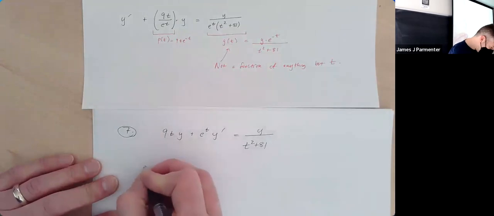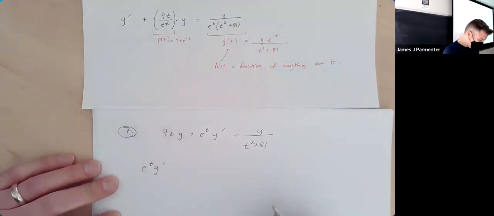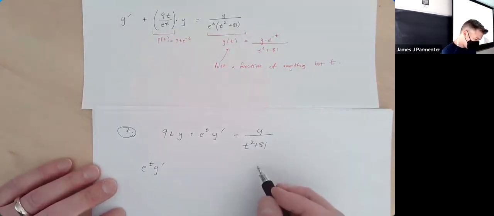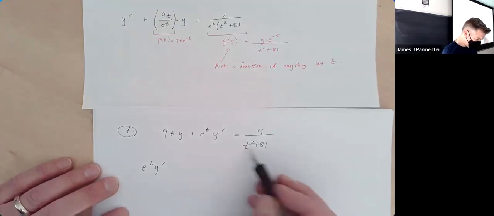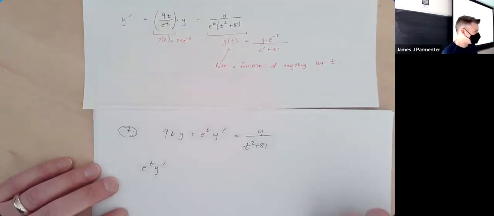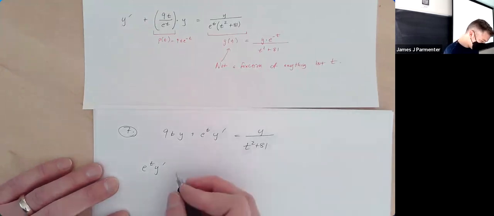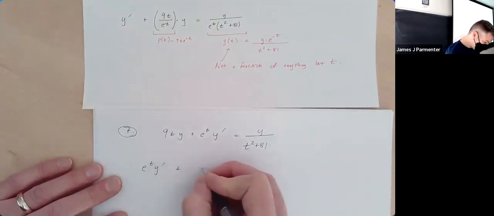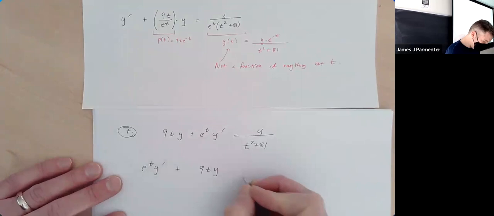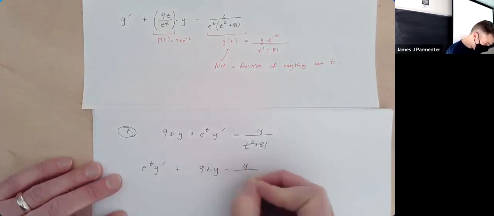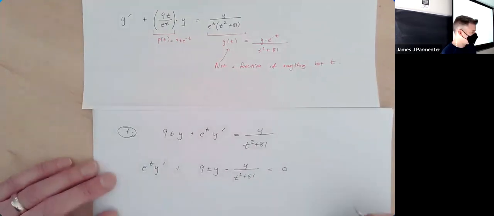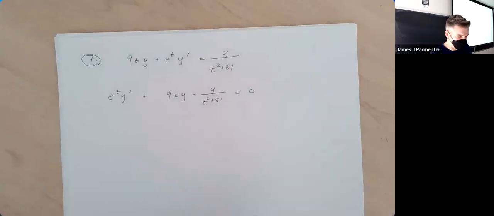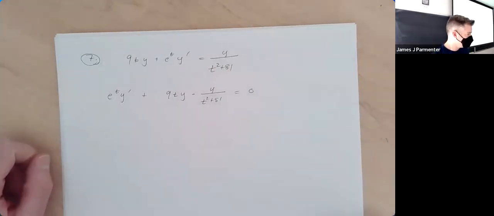So we've got e to the t times y prime, and I don't love this, but I'm bringing everything else to the left so I can factor out a y. So I've got plus 9ty minus y over t squared plus 81 equal to 0. That seems semi-reasonable. I guess it kind of has to be if this is the direction we're going.